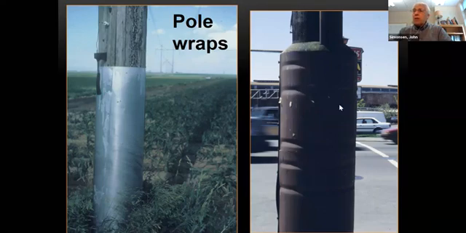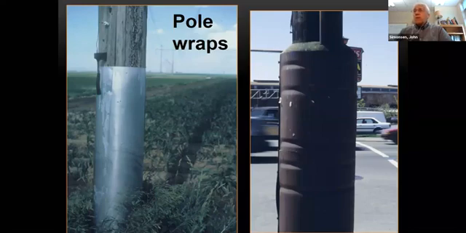Inside of this metal casing there's fabric, I don't know if it's cotton, and the fabric is soaked in preservative. This preservative will slowly diffuse into the pole over time.